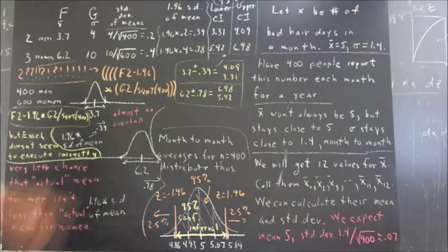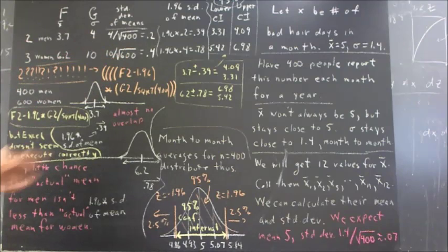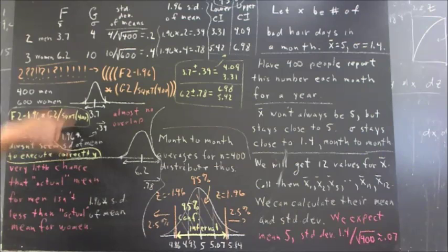But this is the formula that would do the correct calculation. You take F2, which is your mean, and you subtract 1.96 times the standard deviation of the means, the standard deviation of the means being G2 over the square root of 400 in this case. And it's that simple.